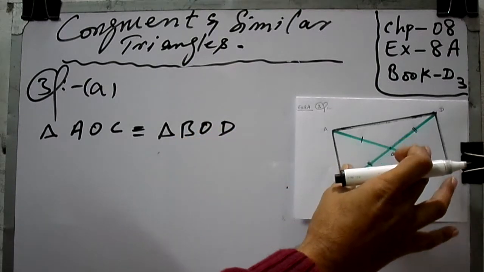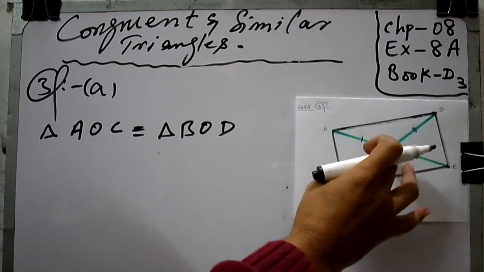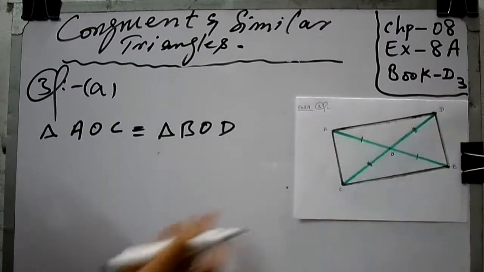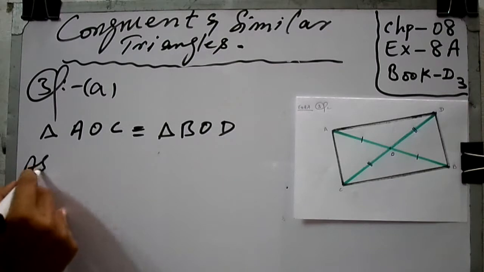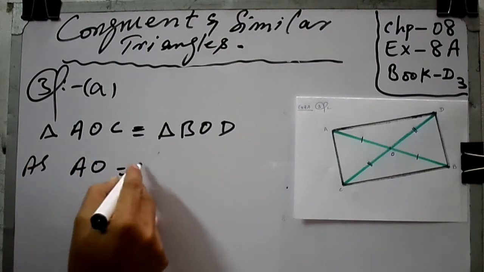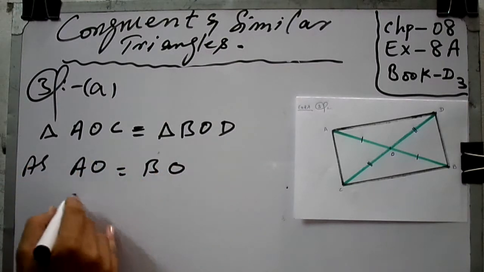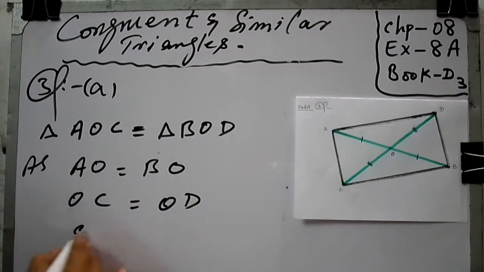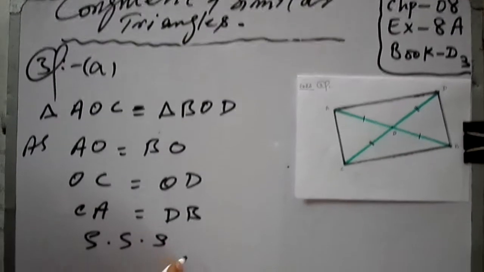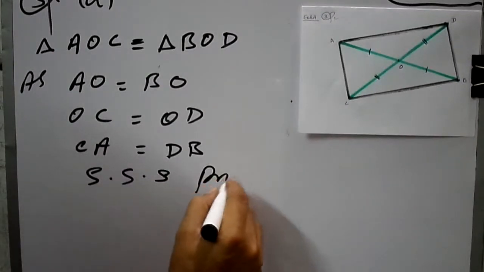You can see here this triangle BOD. So here you can see that AO is equal to BO and OC is equal to OD and CA is equal to DB or BD. So three sides are equal, so we can say that this is the SAS property or SAS postulate.